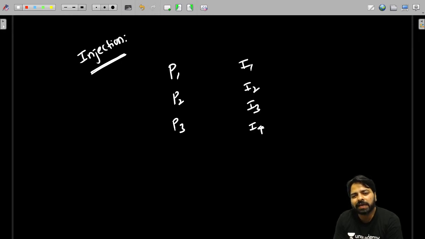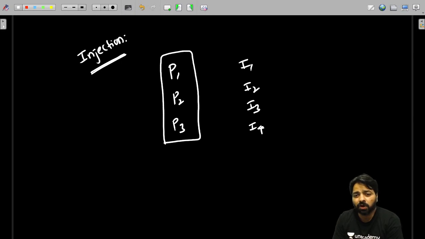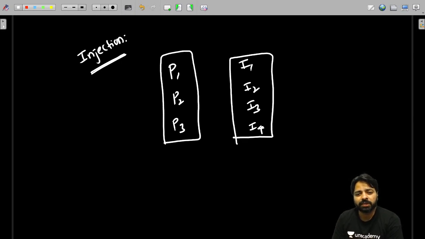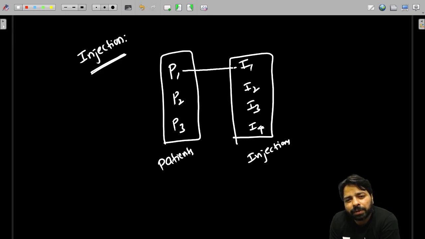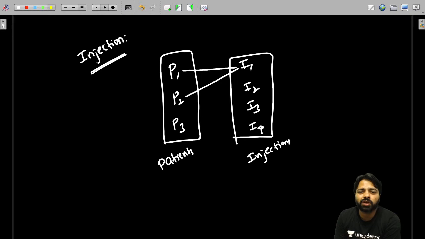You can create an environment of a hospital. Here patients are there, here injections are there. Can you give the same injection to two people? Of course, a function can happen, but if the function is injective, is it possible to give the same injection to two people? We should not, right?